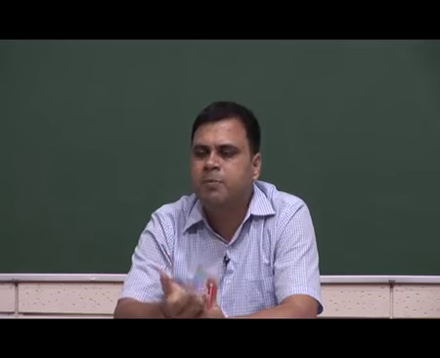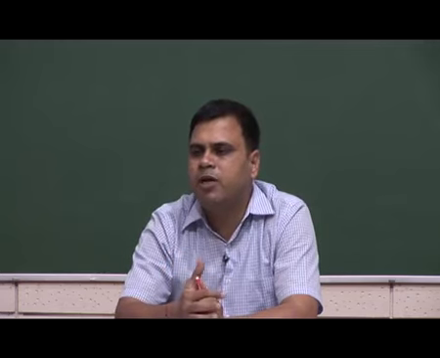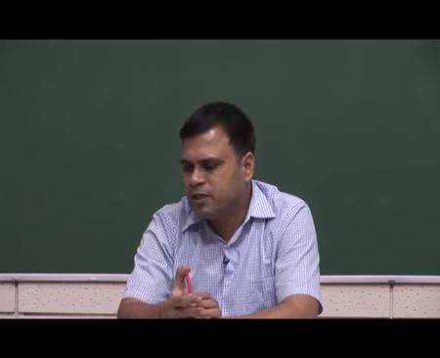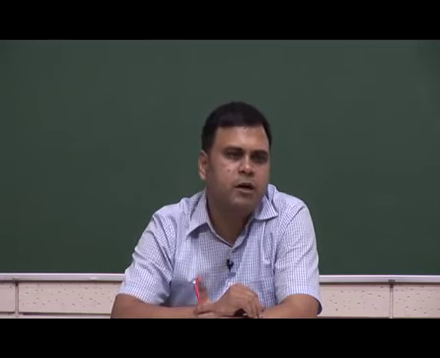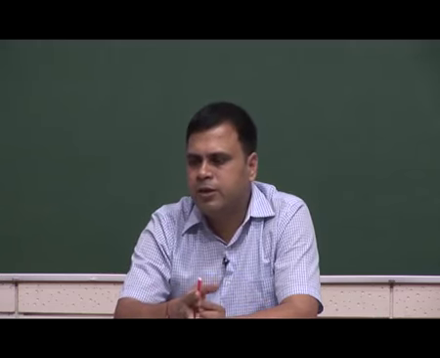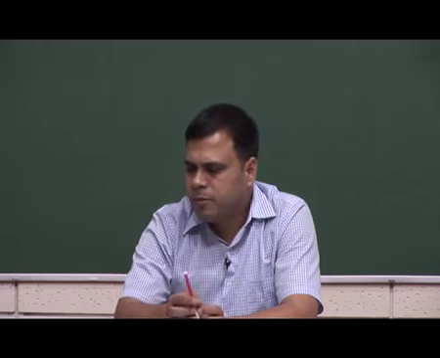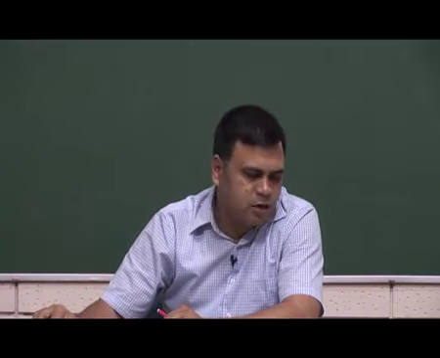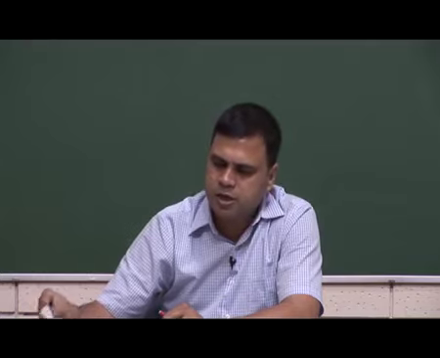Otherwise, if the bleeding continues, we will lose a lot of blood, and vitamin K helps because it clots immediately and starts the wound healing process. So, these are the roles of vitamins.